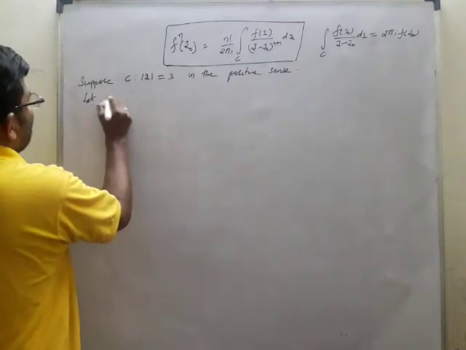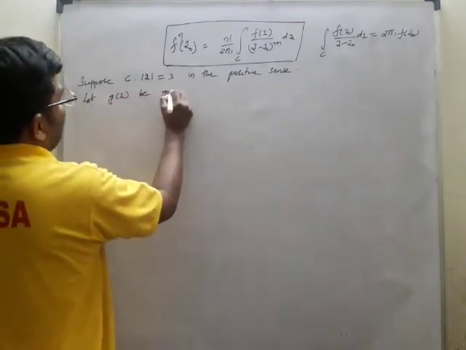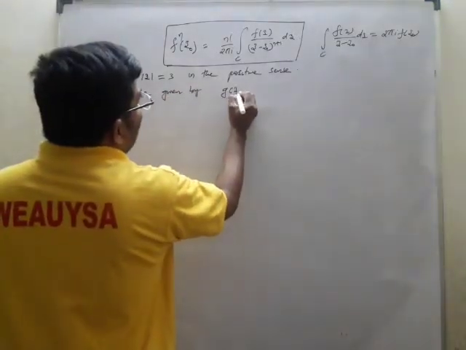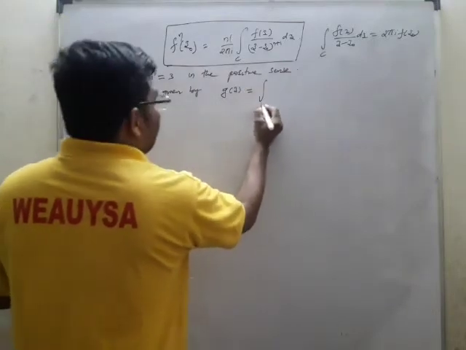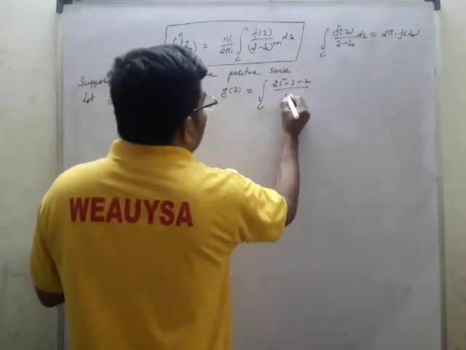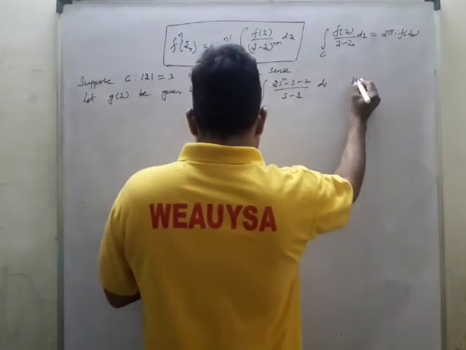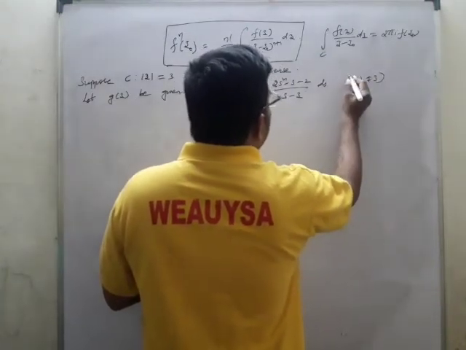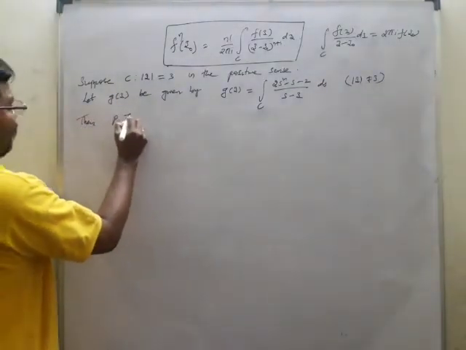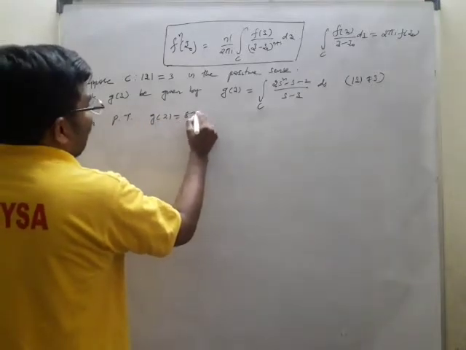Let g of z be given by g of z is equal to the integral over C of 2s square minus s minus 2 by s minus z ds, where mod z is not equal to 3. Then prove that g of 2 is equal to 8 pi I.